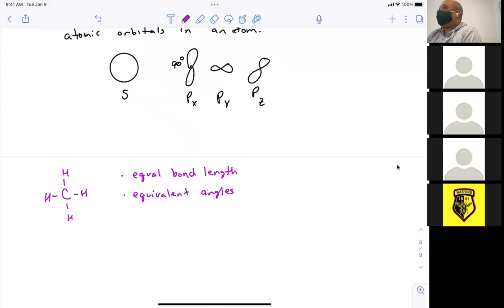The problem is that doesn't make sense if you're using s and p orbitals, because 3 of the hydrogens would be on p orbitals and 1 of them would be on an s orbital, so they couldn't be the same bond length and they couldn't be the same angles from each other because they have different angles. So hybridization explains why this is true.